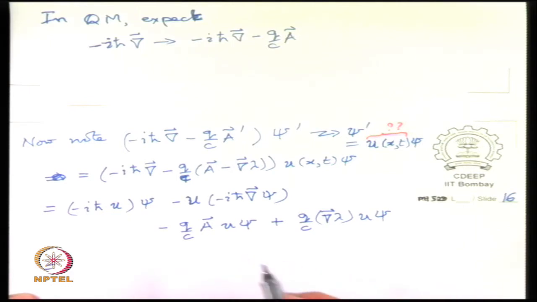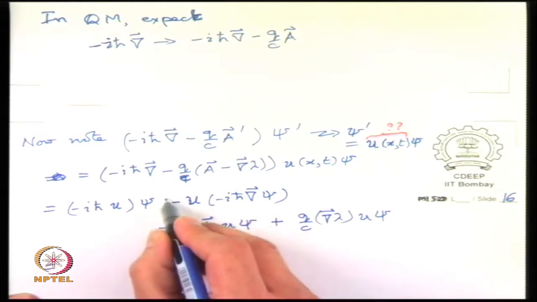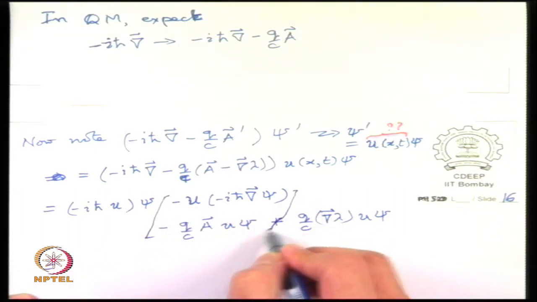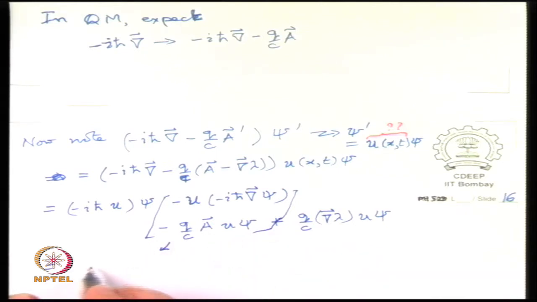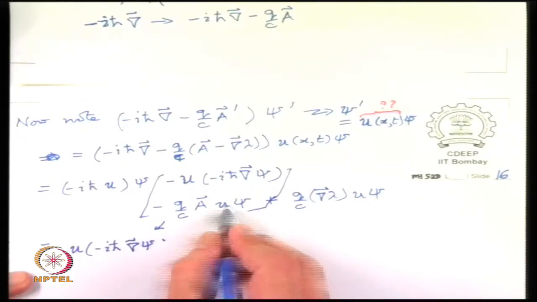This works provided, so I gather these two things together because they are my old form. They are equal to u times minus i h cross grad psi, and u is some overall factor.